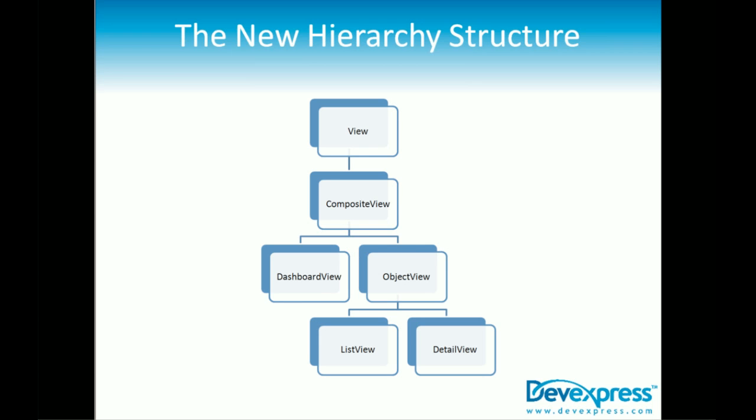And then under that, it splits, and we have the object view and the dashboard view, and this is where things really get new. So with the new dashboard view, what that does is it displays several views side by side in a single frame. And a frame really is just a housing, a site for a view.